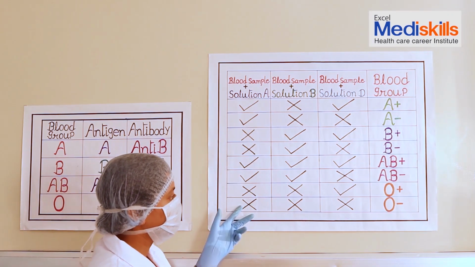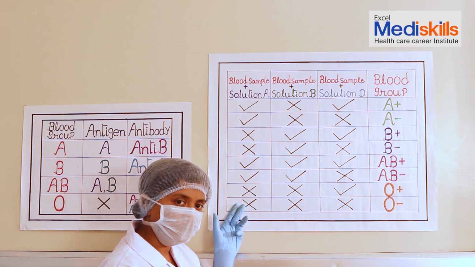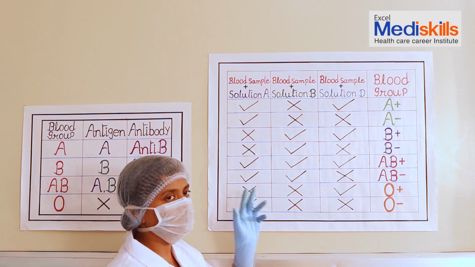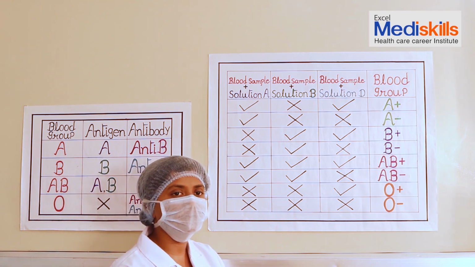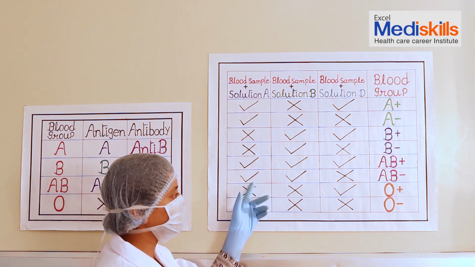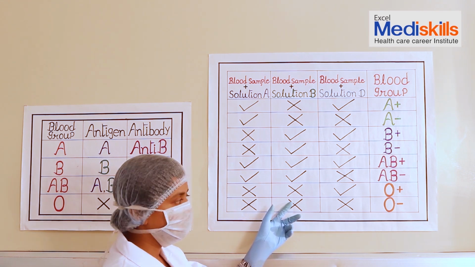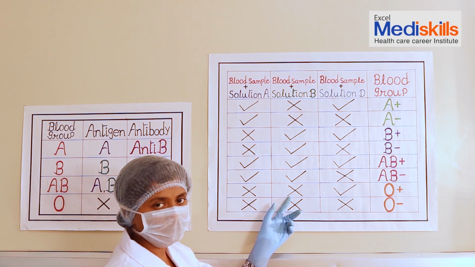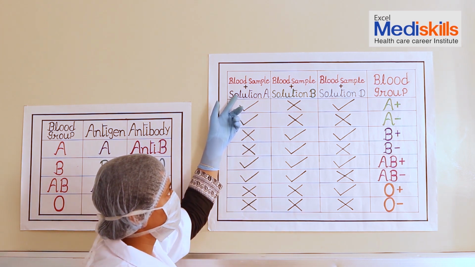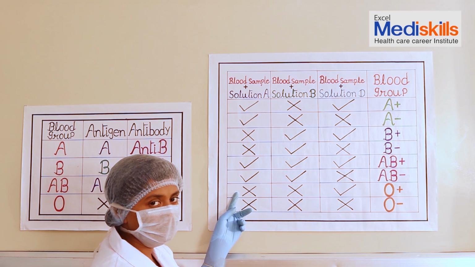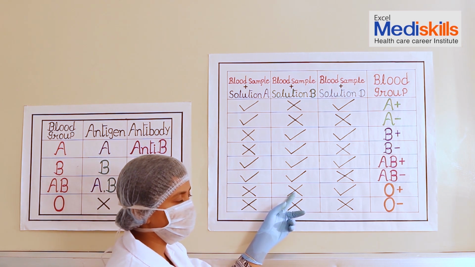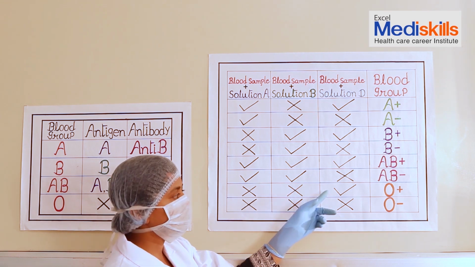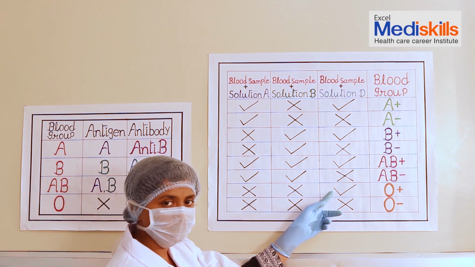Here in this chart we can see all the possibilities of blood group. In the second case we have seen that the first 2 blood drops of the patient did not record any clotting or coagulation. On the basis of this, if we check this chart, we see that for any blood group, if there is no clotting observed in the first 2 blood drops, in the first drop we have used solution A, in the second drop we have used solution B, no clotting is observed in any of these, but only in the case where we have used solution D, we have observed clotting.